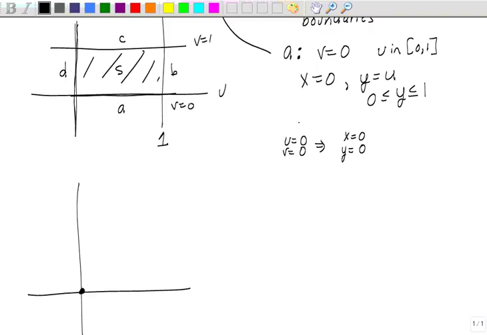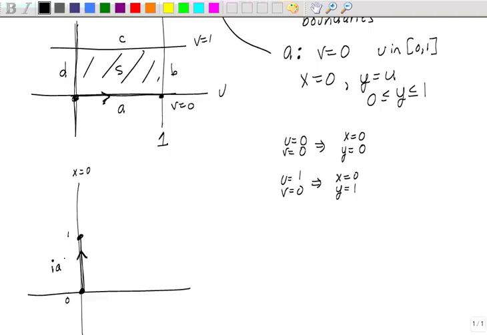If x equals 0, we're on the y-axis, and y can be anything, but y has to be between 0 and 1. So this is going to be the image, and we're going to travel up, because when u is 1 and v is 0, we have the point x equals 0, y equal 1. So we're getting to the point 0, 1. So we're traveling up. Okay, so this is the image of A.